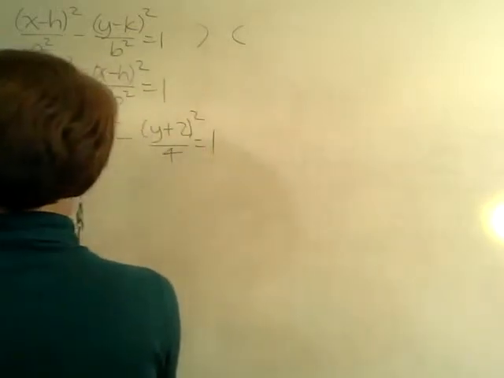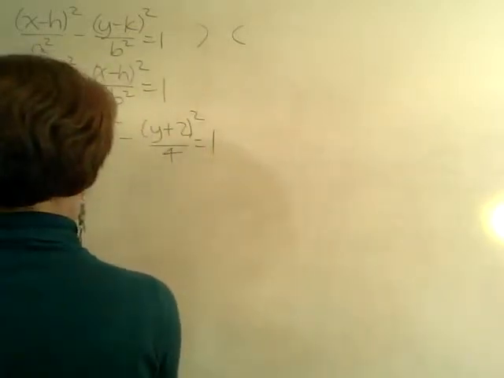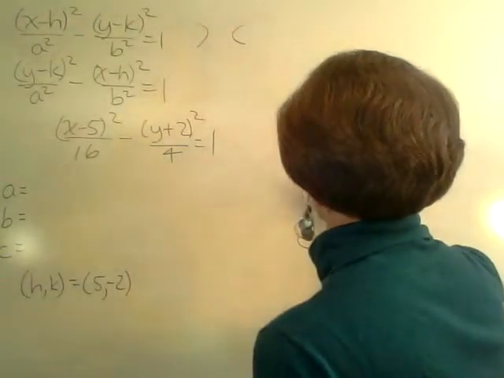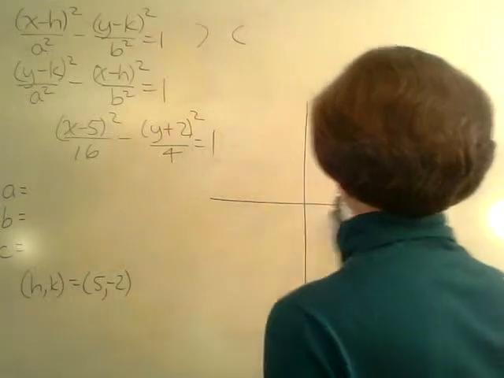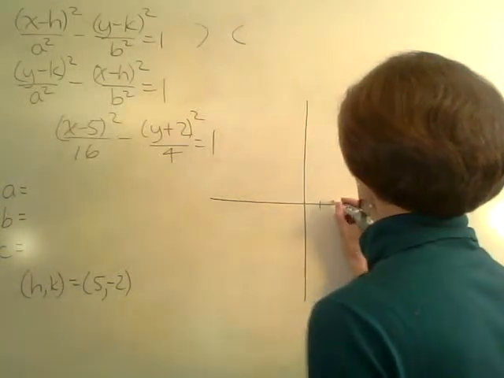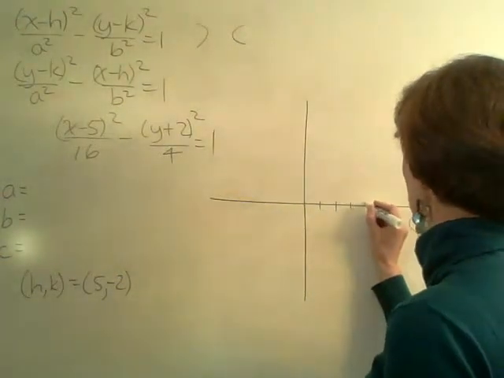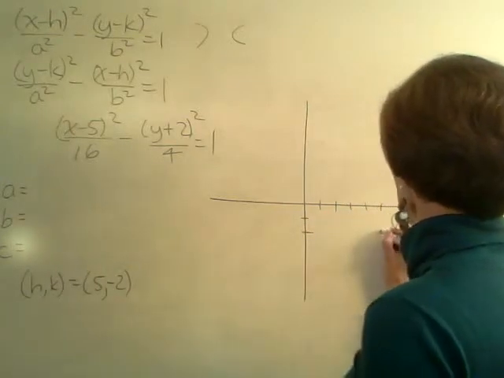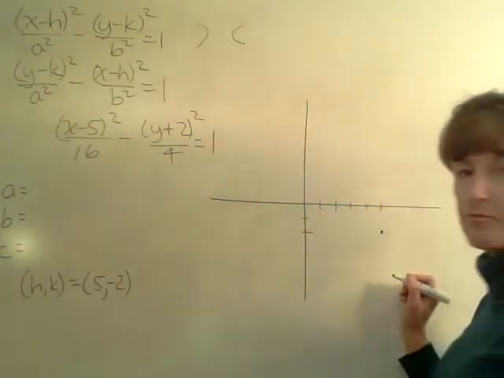And h, k for this one is 5, negative 2. So when I start to graph my hyperbola, I want to come over 5, 1, 2, 3, 4, 5, down negative 2. This is the center of my hyperbola.